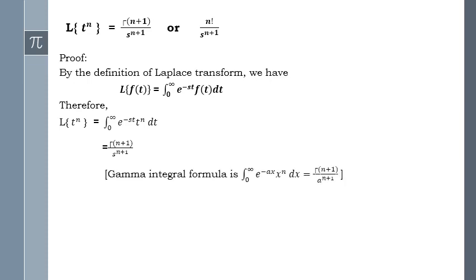Here we have made use of gamma integral 0 to infinity e power minus a x x power n dx is nothing but gamma of n plus 1 by a power n plus 1. In other notations, it can be written as n factorial by s power n plus 1. Gamma of n plus 1 is nothing but n factorial. Hence, L of t power n is n factorial by s power n plus 1.